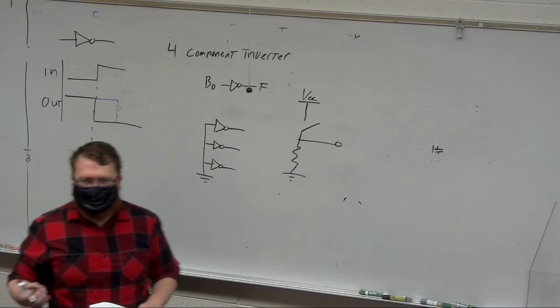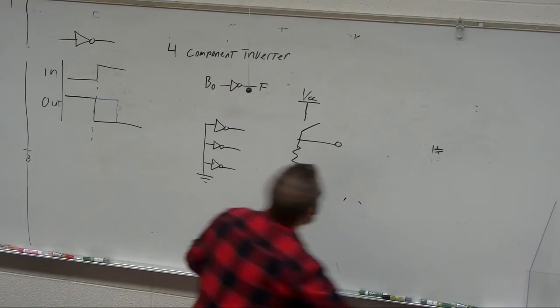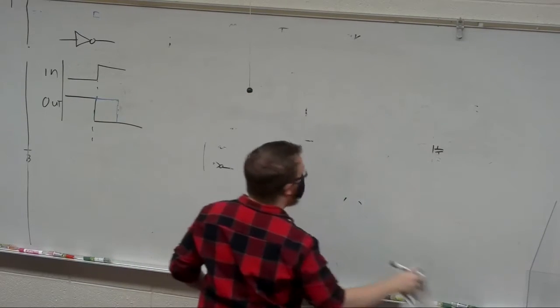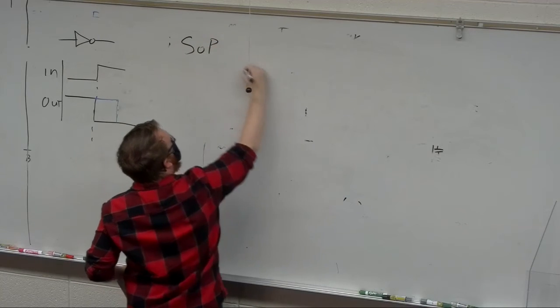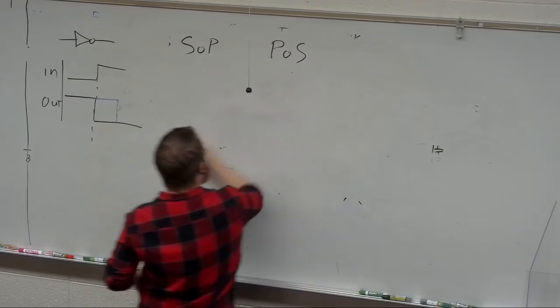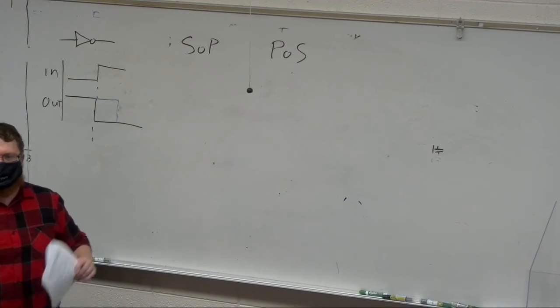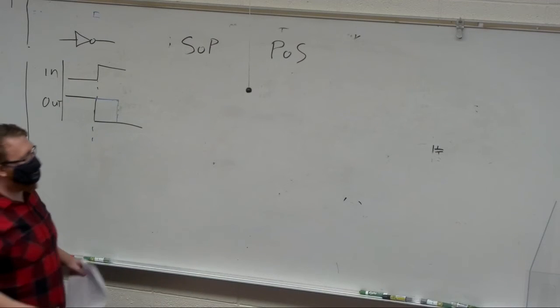The lowest propagation delay possible is either what we call the sum of products or product of sums. And you're going to hear this term a lot going forward because this is what is outputted by K-maps, which we'll get to next time.